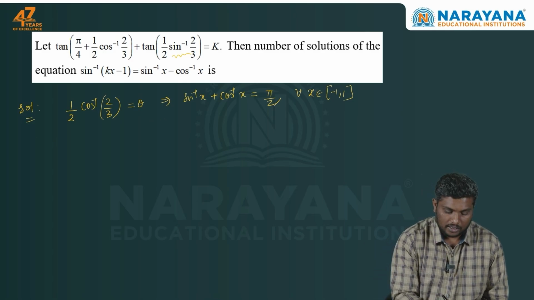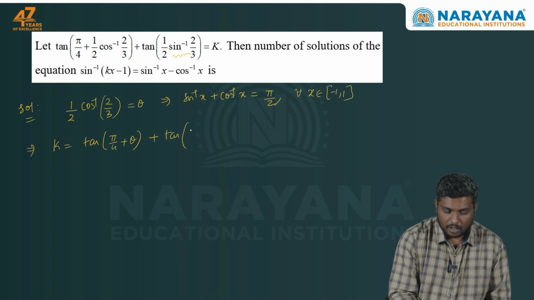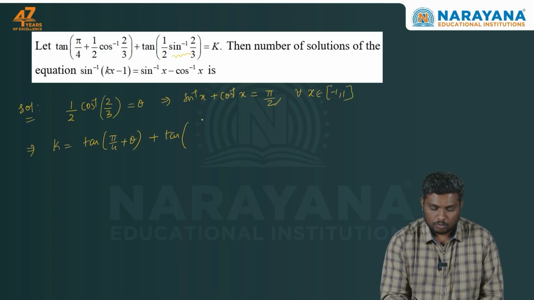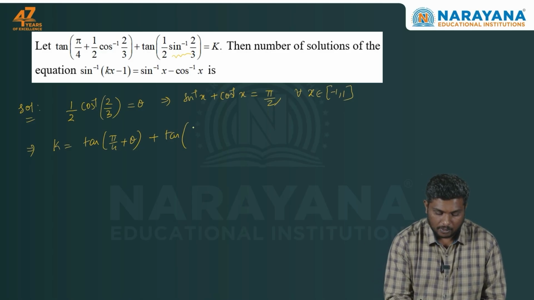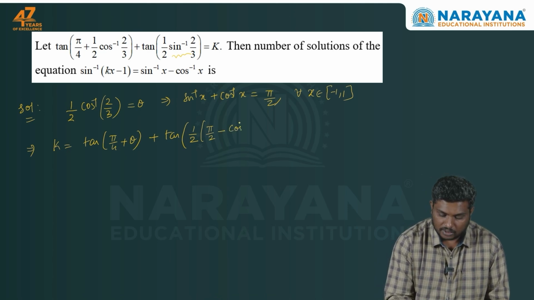And then this converts the equation k is equal to tan(pi by 4 plus theta) plus tan. So pi by 2, here what I have is 1 by 2 into sin inverse. What is sin inverse? Pi by 2 minus cos inverse 2 by 3.